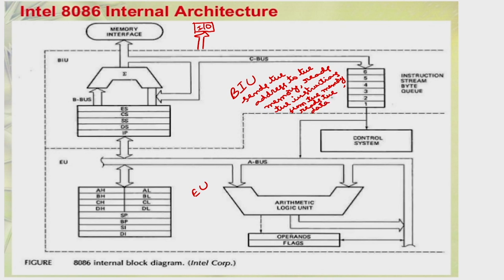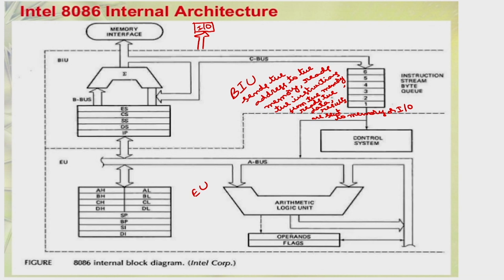This reading of data can be either from the memory or IO. Execution will not take place here; execution, as the name implies, will take place in the execute unit. After the execution, the results will be sent back to either memory or IO. These are the various operations in the bus interface unit.